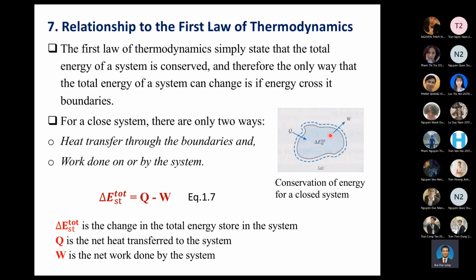For example, for one closed system, the total energy stored, delta E, or the change of energy, is equal to the net heat transfer in minus the work done. This is the conservation of energy for a closed system.